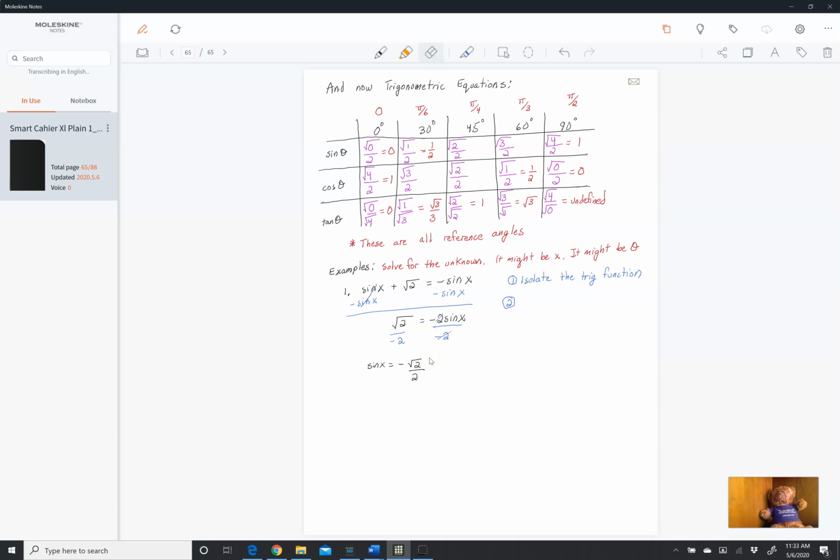So we have our circle. Remember, at any given point, you have two points that have the same y value. You have two points with the same x value.